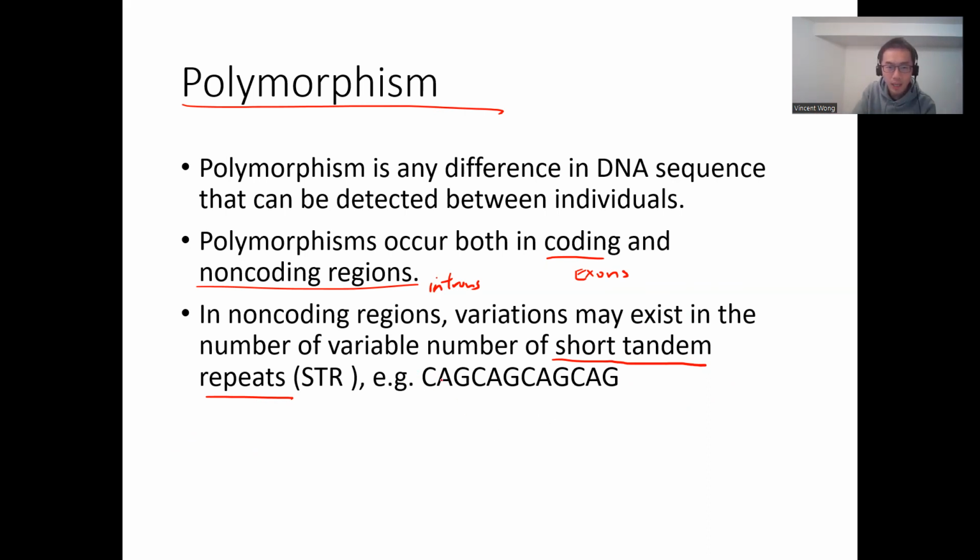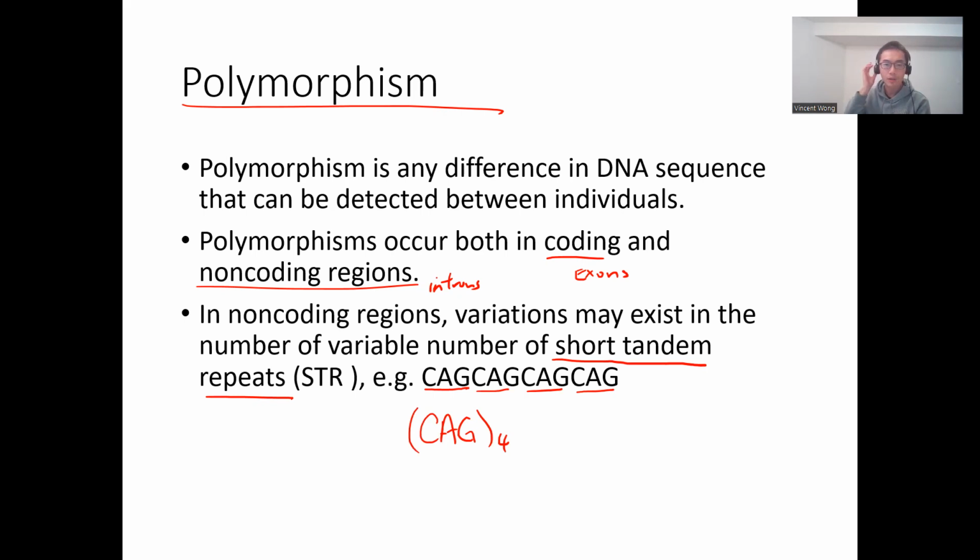So over here we have CAG, CAG, CAG, CAG. It's short because it's just 3 nucleotides, and it's tandem, one after the other, and keeps repeating itself. So we can write it like this: CAG 4. The CAG is repeated 4 times.